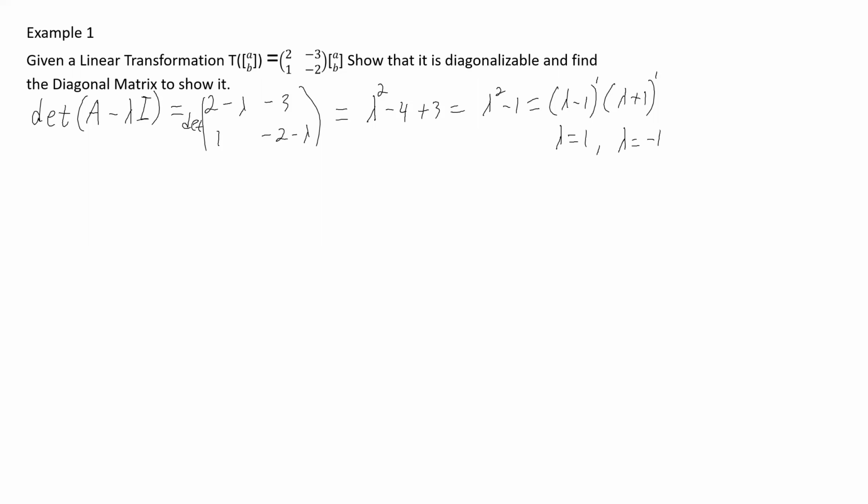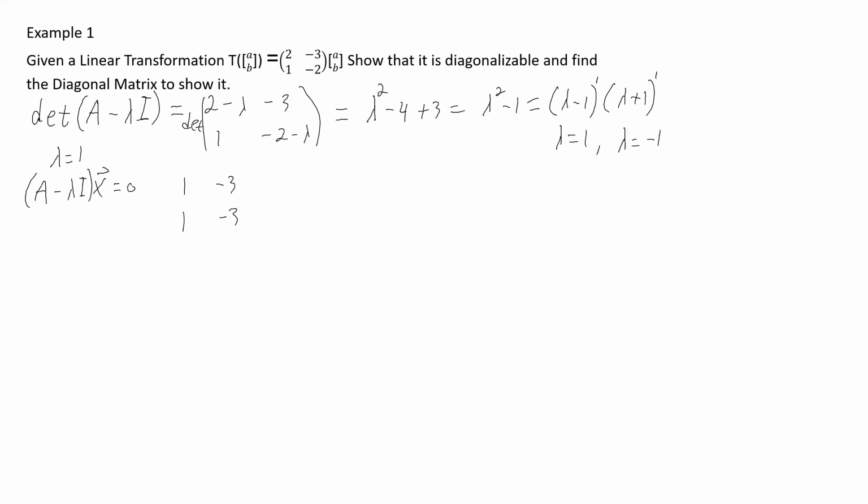Starting with lambda equals 1, we show the eigenvectors by doing the calculation A minus lambda times the identity matrix, times x equals 0. We solve this by taking the reduced row echelon form. With lambda equals 1, 2 minus 1 is 1, this is just -3, that's just 1, -2 minus 1 is -3.